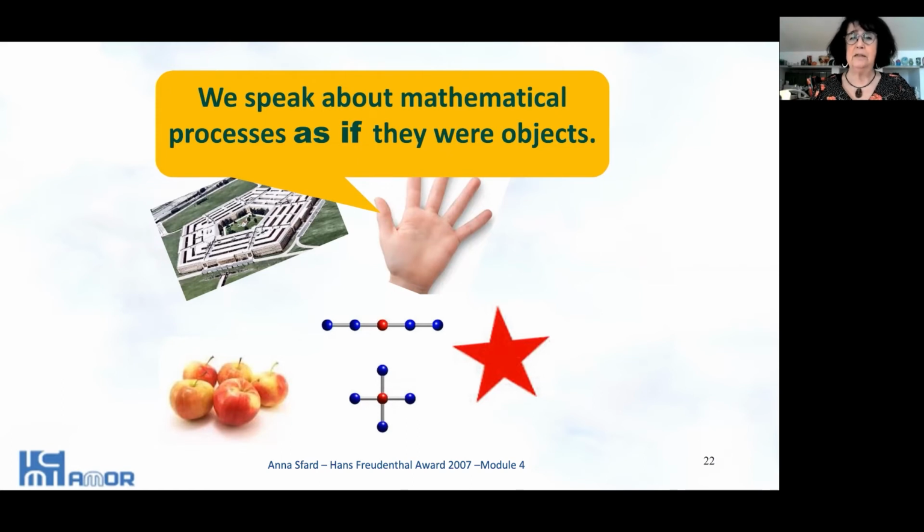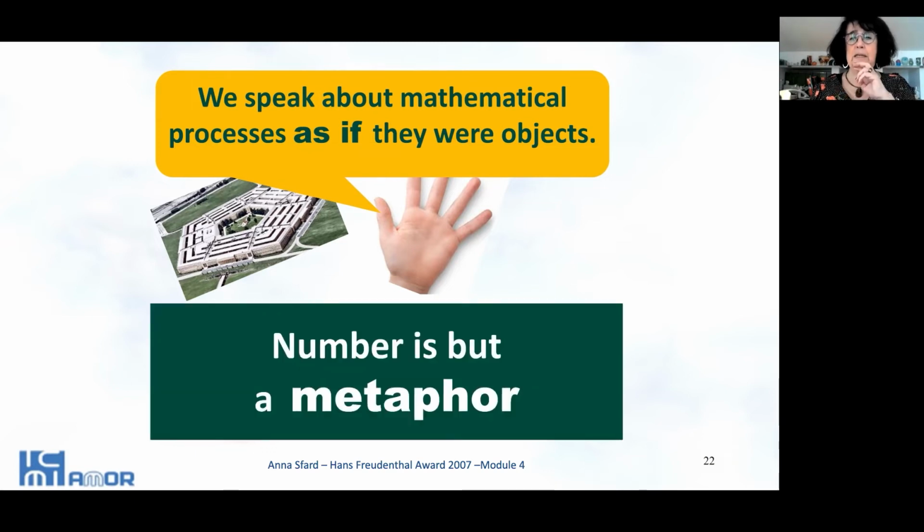Such an object, in this case called number 5, is implied to be presented in all these very different images here, the way Freud was presented in the 4 photos. The words "as if" I used in their description signal it may be justified to say that the number is but a metaphor.